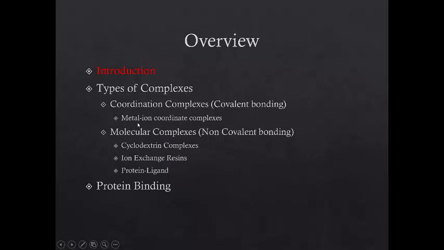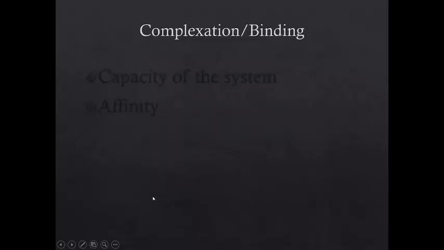So this is where there's a metal in the middle of the complex, basically. And then we'll talk about molecular complexes where we have non-covalent binding, which is the cyclodextrin complex that I've already mentioned to you, ion exchange resins, and then finally the most important one, which is the protein ligand or protein drug interaction. Then we're going to spend quite a lot of time on protein binding.